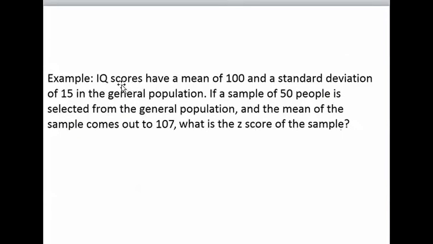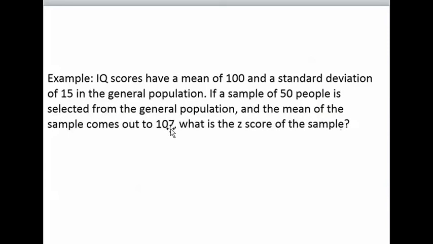So we know that IQ scores in the general population have a mean of 100 and a standard deviation of 15. What this question is asking is that if a sample of 50 people is selected from the general population and the mean IQ of the sample turns out to be 107, what is the z-score of the sample?